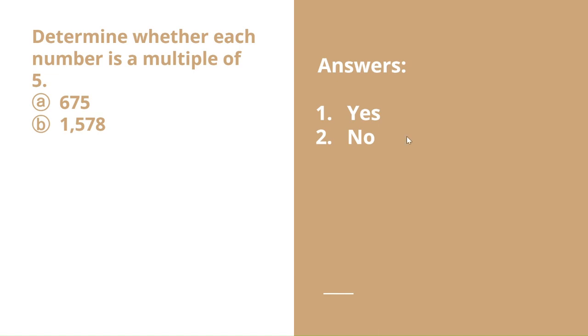The answer is yes and no. So we said the multiple of 5 will have the last digit of 0 or 5. So 675 will be a multiple of 5, but 1578 will not be a multiple of 5.